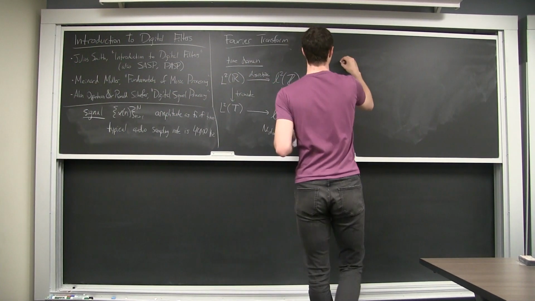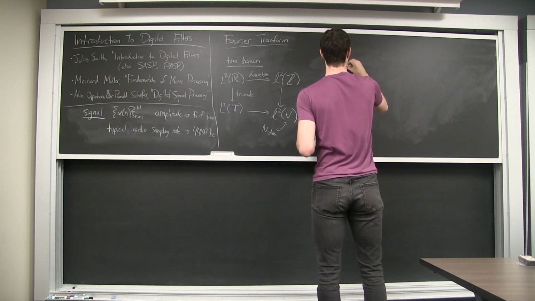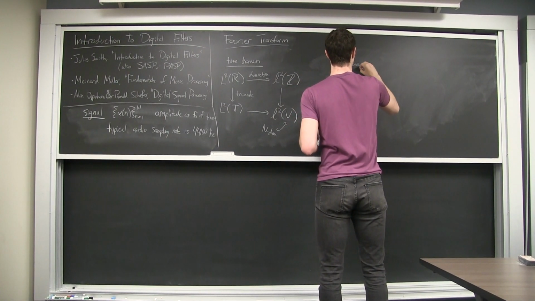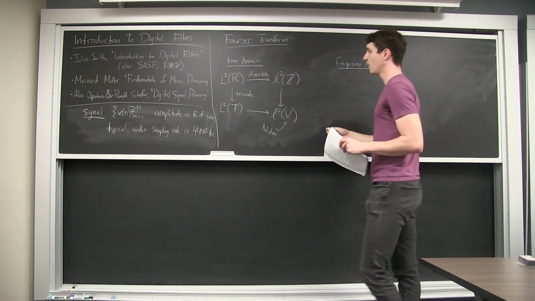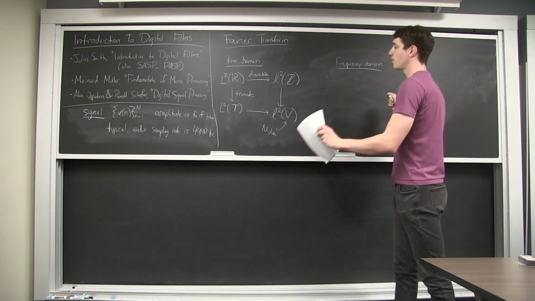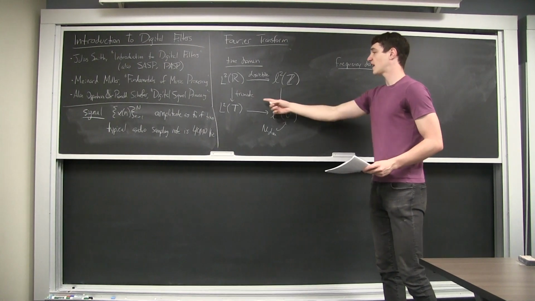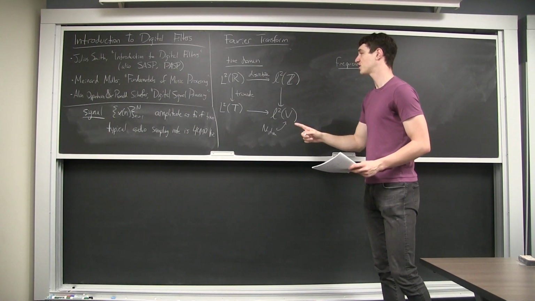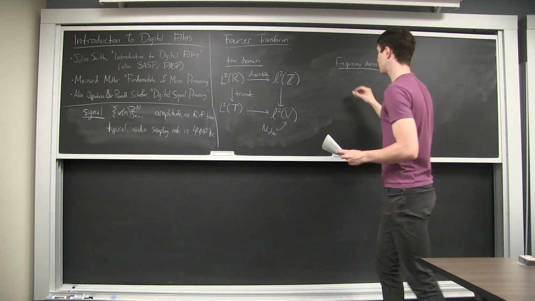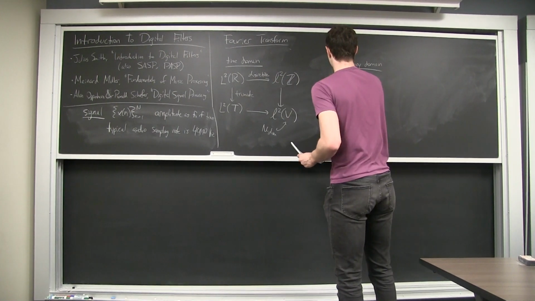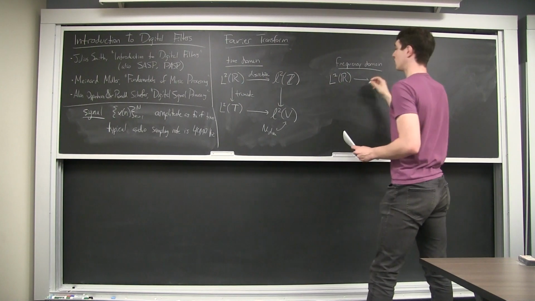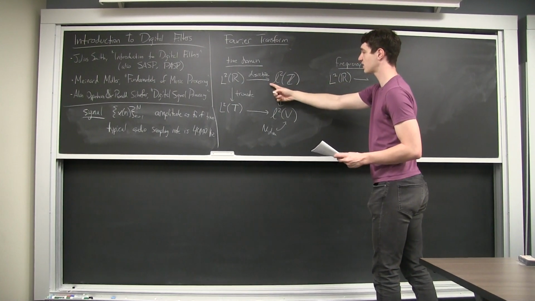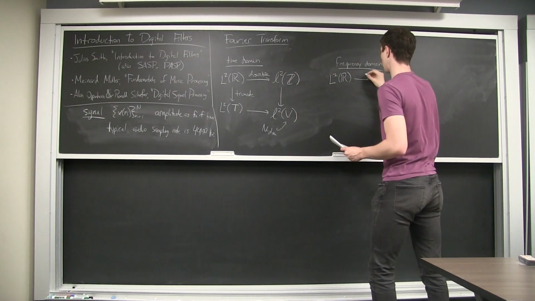Meanwhile, on the frequency domain, when you take the Fourier transform of any of these spaces, these actions of truncation and discretization are Fourier dual to each other. So the Fourier transform takes L2 of R to L2 of R, but then discretization on the time domain corresponds to truncation on the Fourier domain.